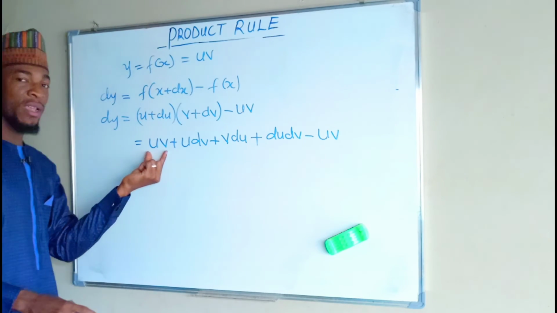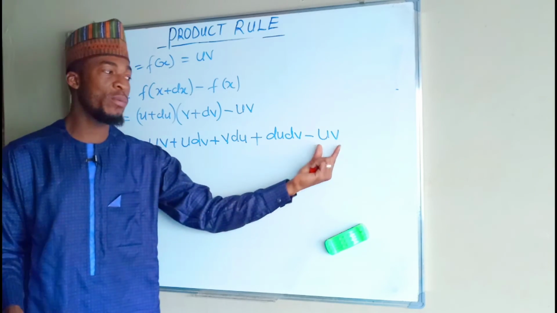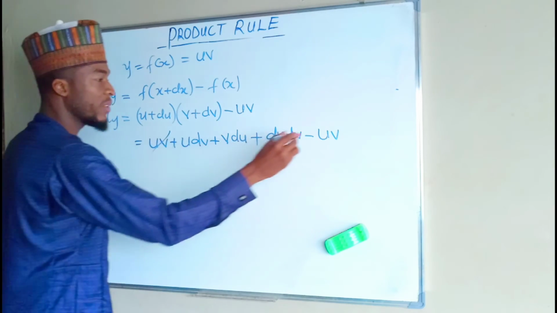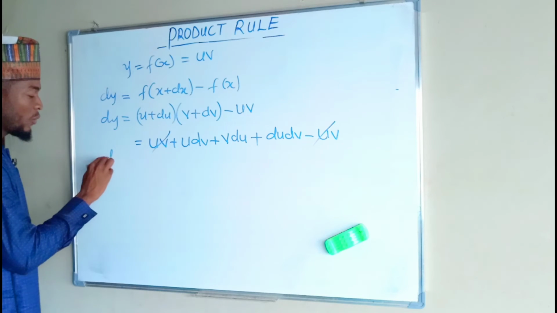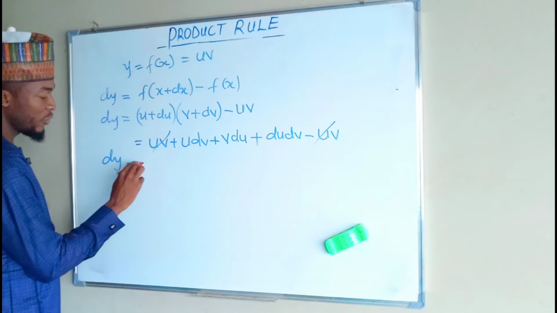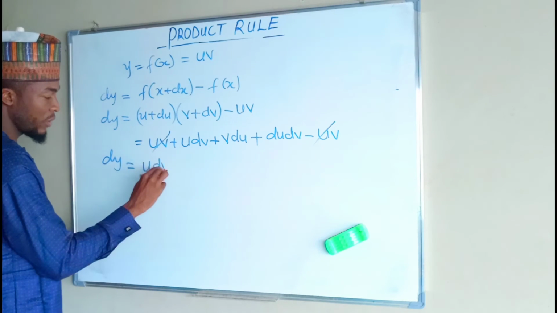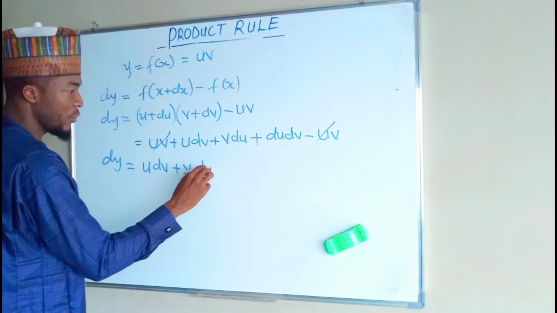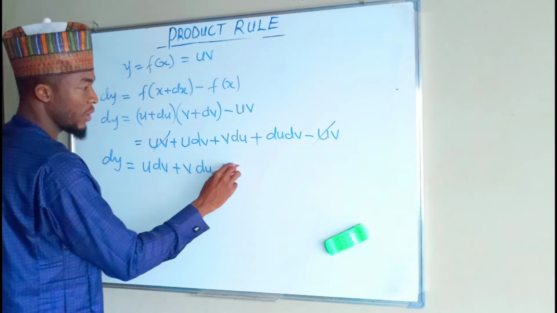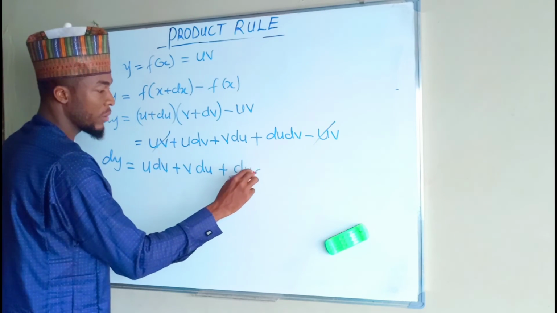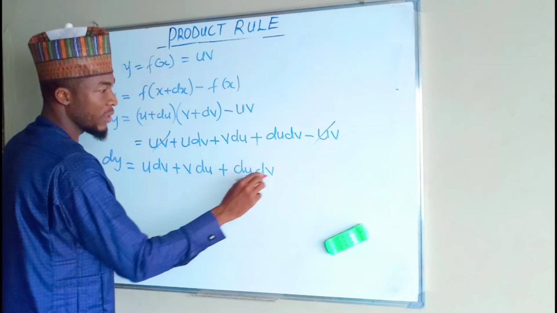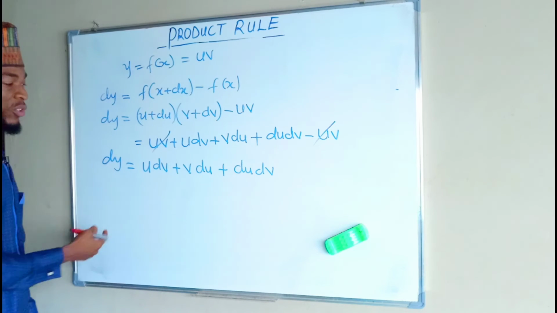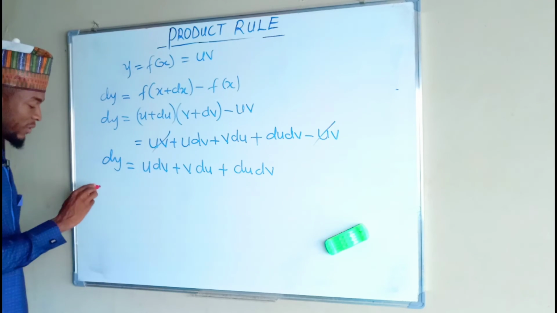We have uv here, which is positive, and we have another uv which is negative, so they cancel out. dy will be equal to u dv plus v du plus du dv. Now we are going to divide each of these terms by dx.